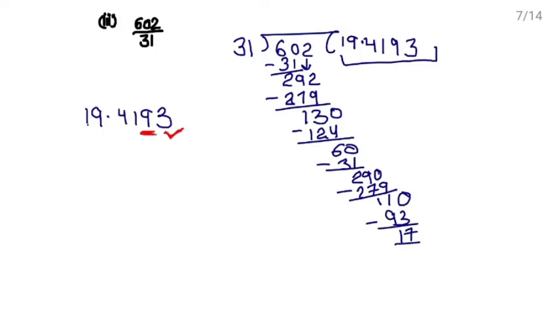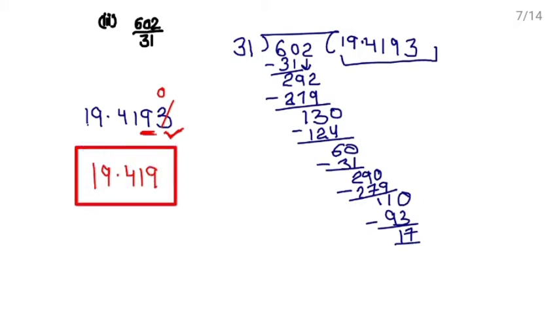So it will become 0 and this will remain same. So what will it be? 19.4190. And in the decimal chapter also you have studied, if you have 0 at the end in a decimal number, it doesn't make any change. So this is equal to 19.419. This is your answer.